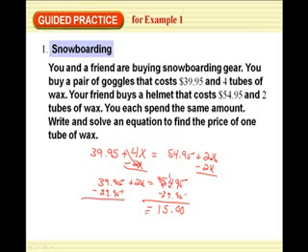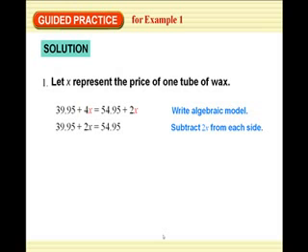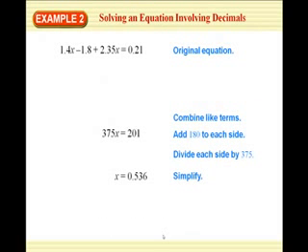That's going to be $15. Divided by 2, and half of 15 is $7.50. A tube of wax costs you $7.50. Let's see if they agree with us. There it is. $7.50.